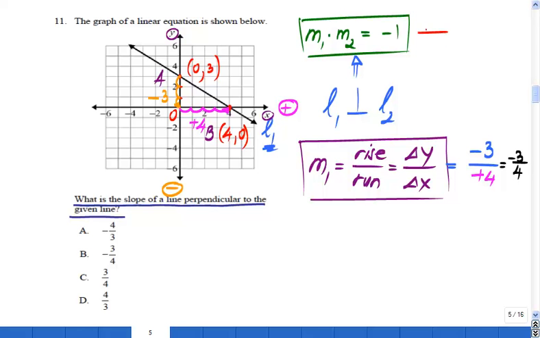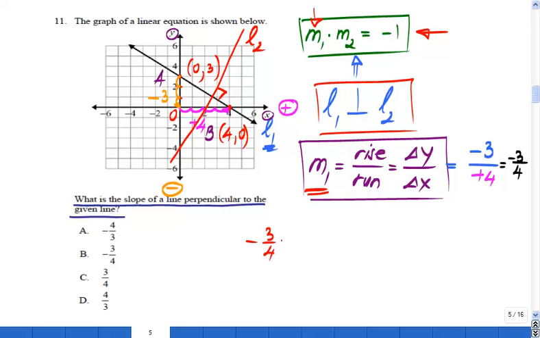Now let's get back to the relation between two lines that are perpendicular to each other. These two lines, L1 and the other line we're mentioning at the beginning, L2. And in that relation, I will substitute what I found. I found m1, right? And I have m1, -3/4, times m2 should equal -1.